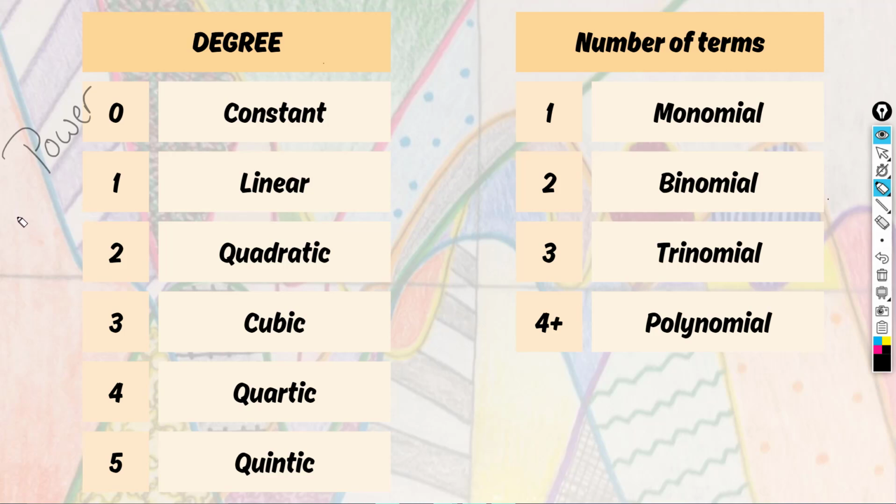And so we're going to go with the largest power, and that gives us our degree. Now, number of terms. These are separated by addition or subtraction. And so we're going to go with monomial, binomial, trinomial, and polynomial.